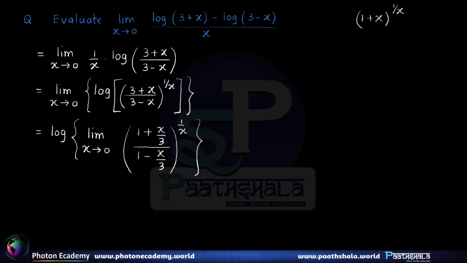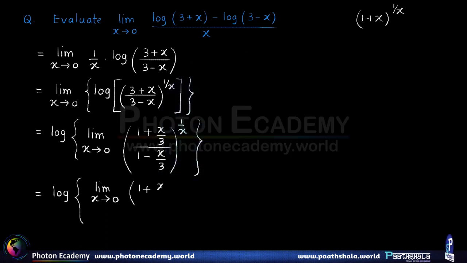Alright, so moving ahead we have this equal to log of. Now we can break the two limits, that is limit x tends to 0. In the numerator let us write it as 1 plus x by 3. Now for the standard limit we must have the reciprocal of x by 3, which is 3 by x, but what we are given is 1 by x.